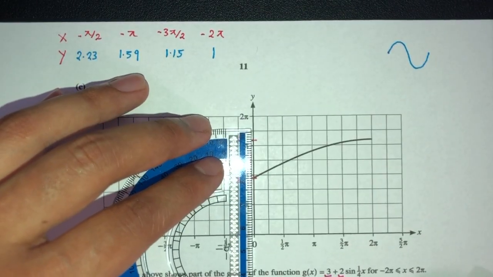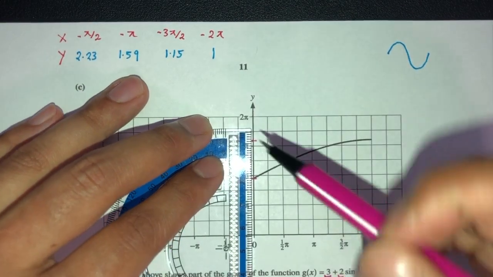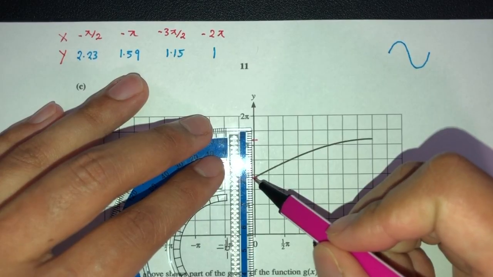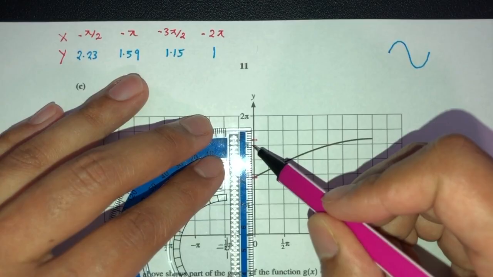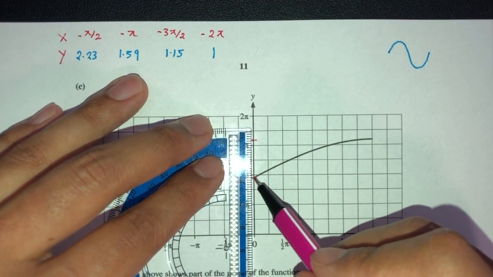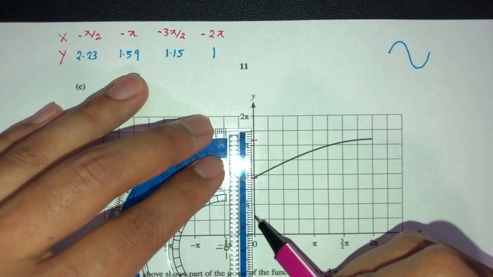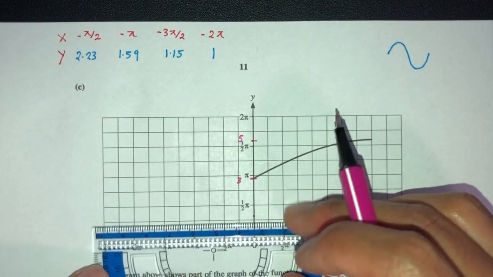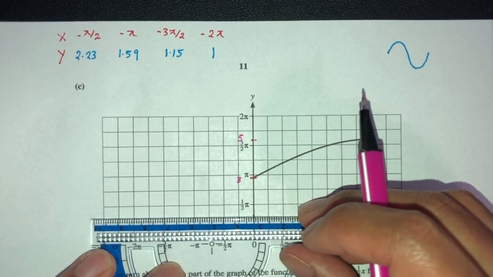So I can see that this distance is 5, 10, 15, 16. Somewhere over here. So basically at the value of minus 2 pi, you should touch that point.